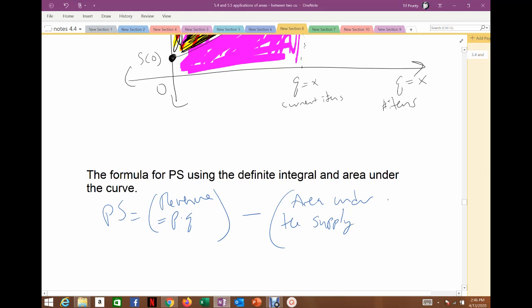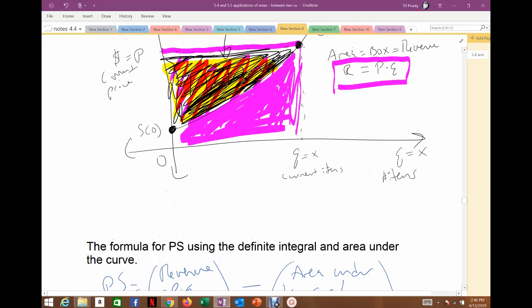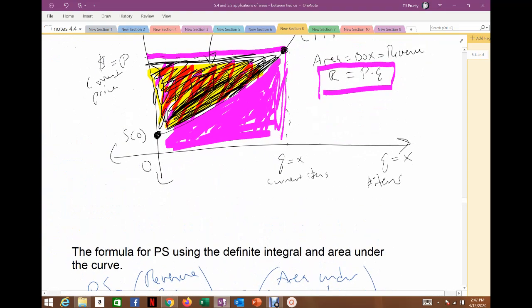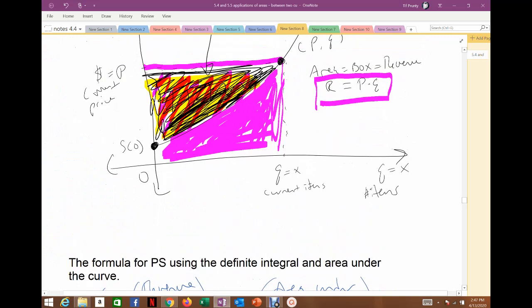They didn't have to settle for that, from x equals 0 to x equals the quantity we're currently at. They would have been able to settle for that pink area, but they didn't have to. They got it all. And so what's left over when I take the revenue, the box, and subtract away the pink area below my supply curve, that leftover area is what I'm looking for, the producer surplus.